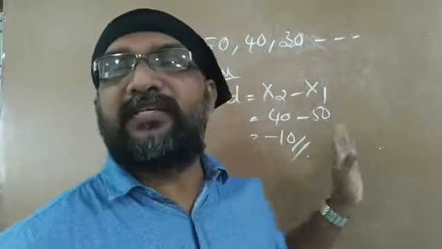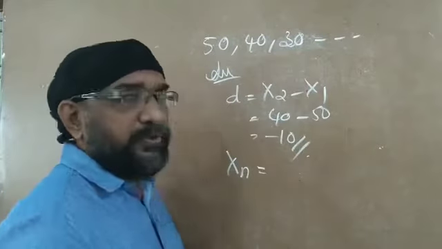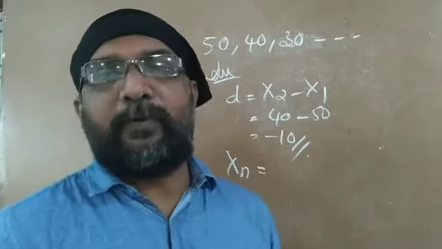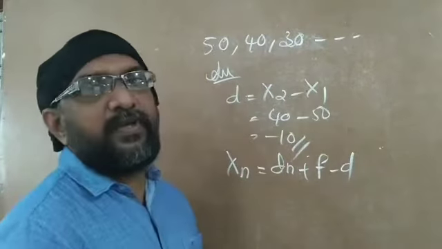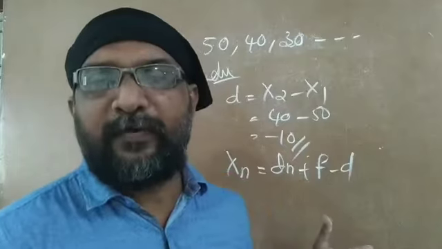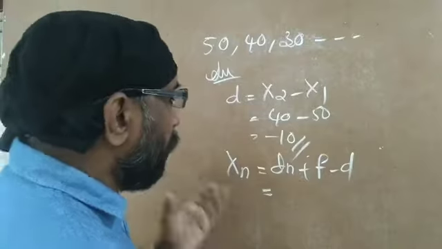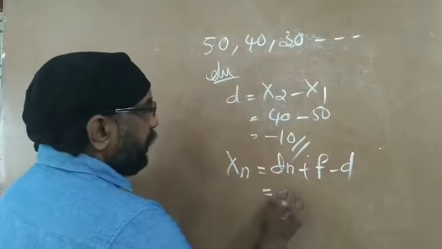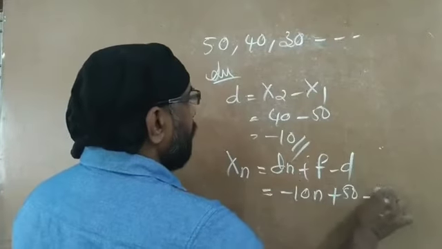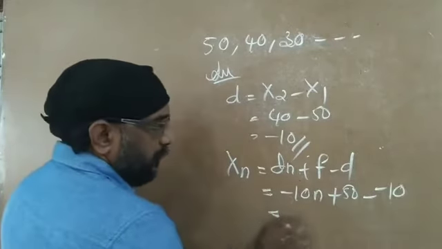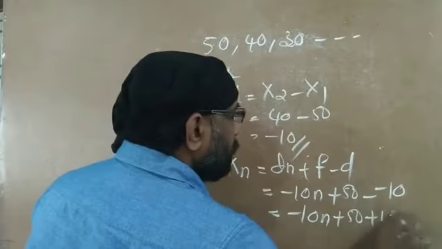Now xn is equal to dn plus f minus d. I hope all of you know this formula, and using the formula you can find out the algebraic form. Substitute for d and f. Negative 10n plus 50 minus negative 10. It is equal to negative 10n plus 50 plus 10.